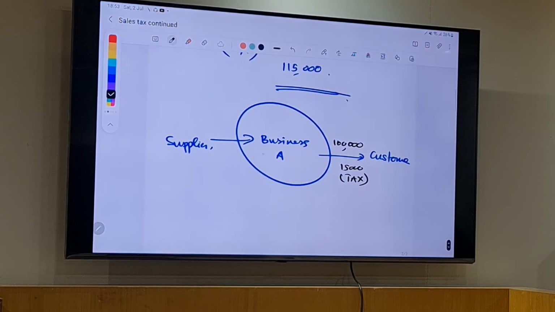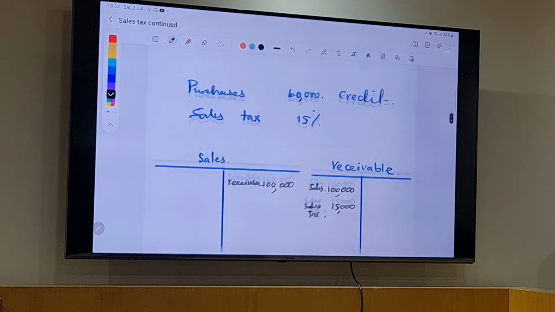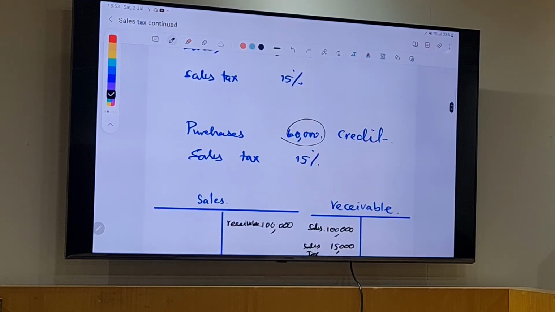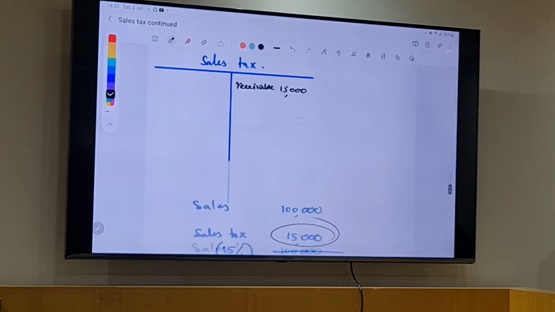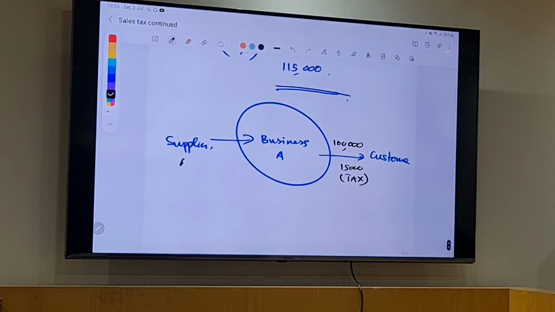Now how much am I buying from the supplier? The purchases, how much? 60,000. So I am purchasing 60,000, and the sales tax, 15% of 60,000, how much? 9,000.